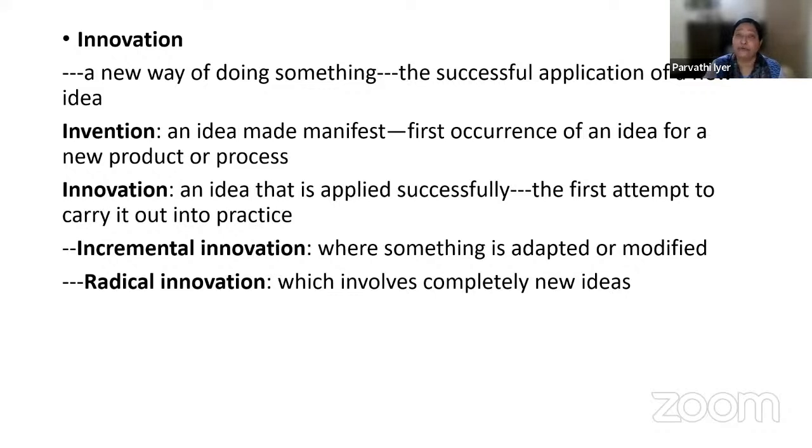If you look at earlier mobile phones and more recent mobile phones, and how the technology has been modified, it is not something radical, but it is something incremental. It has happened over a period of time.